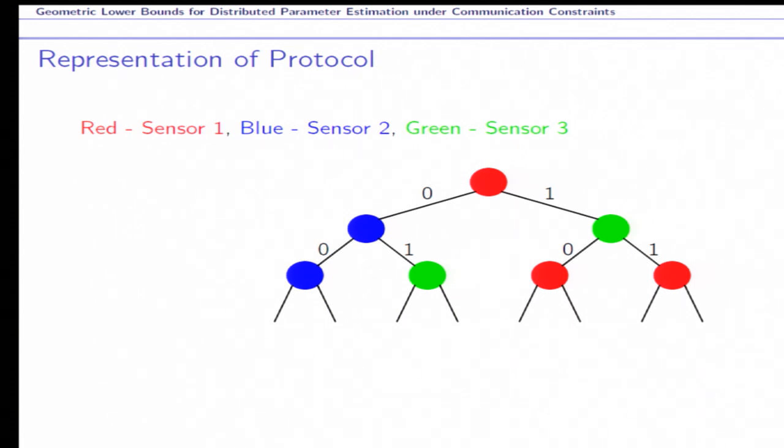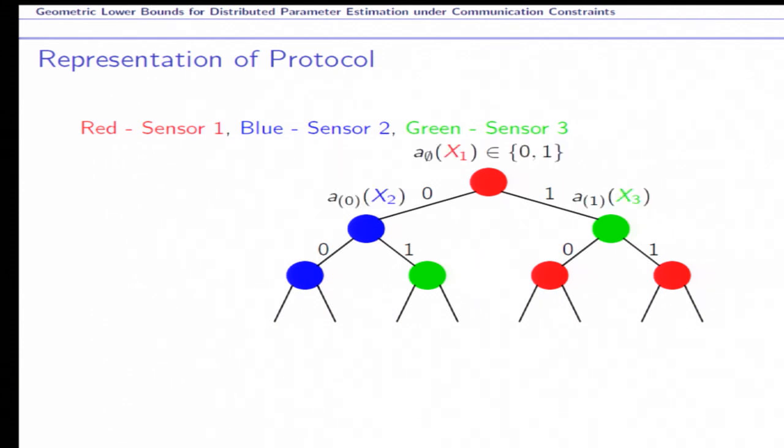Let's say the red circle represents sensor 1, the blue circle represents sensor 2, and the green circle represents sensor 3. In the blackboard communication model, first we need to decide which sensor speaks first. Here the red sensor speaks first, and if it says 0, then sensor 2 speaks next. And if sensor 1 says 1, then sensor 3 speaks next.